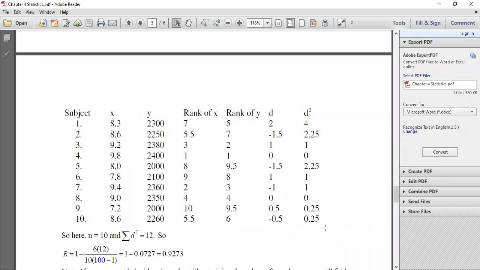Yes, Gideon. So when we are ranking them, say 22, 250, the next number should be, we take 6 plus 5 divided by 2.